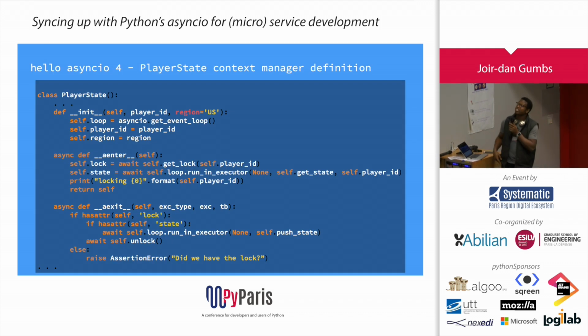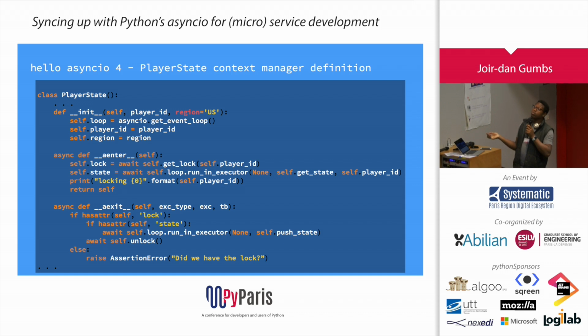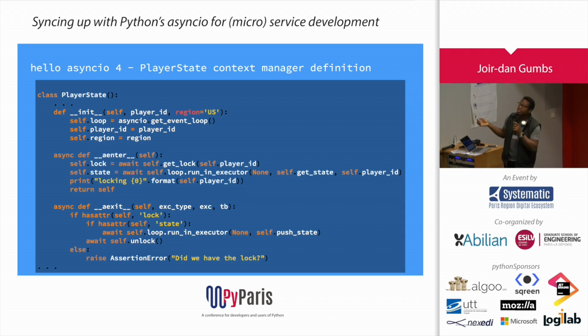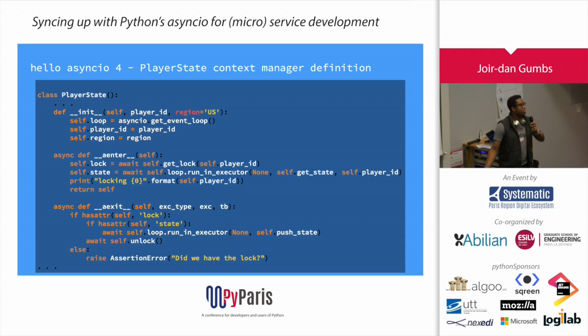So I have an example session here called player state. Let's say I've got a game that I'm making and I want to make sure that only one person is tampering with a state at any given point in time, right?